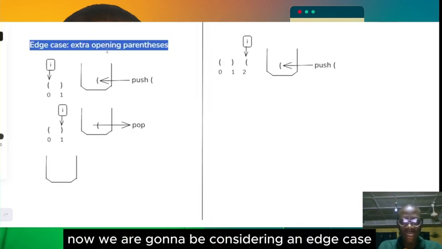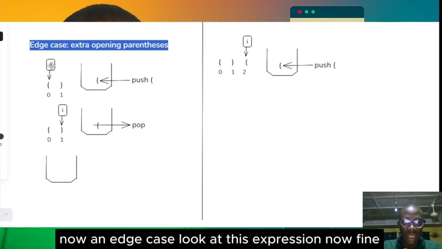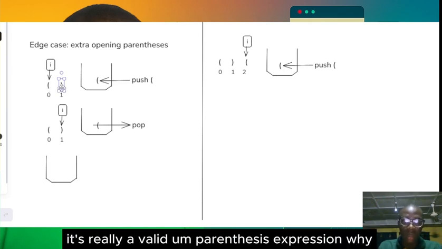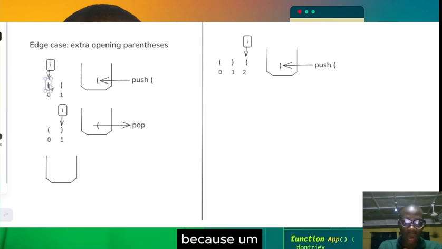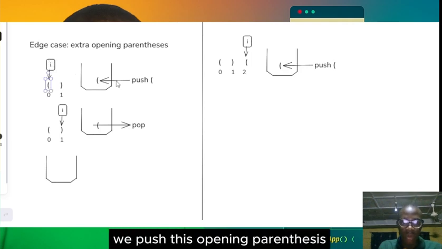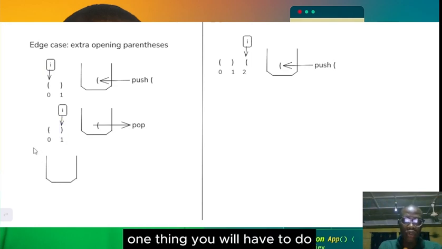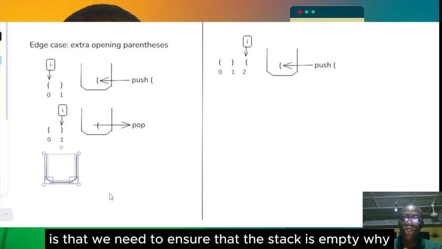Now we are going to consider an edge case. Look at this expression. We can say quickly that this is a valid parenthesis expression, because first we push this opening parenthesis, and when we come across the closing one here, we pop it out. One thing you will have to do at the end is ensure that the stack is empty.